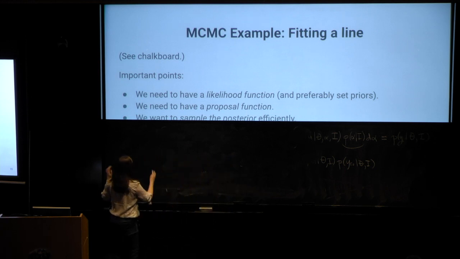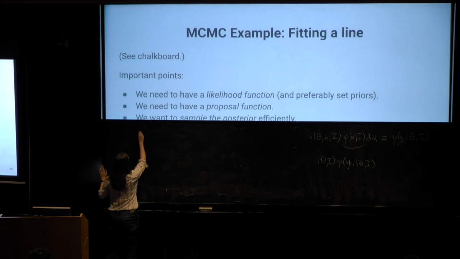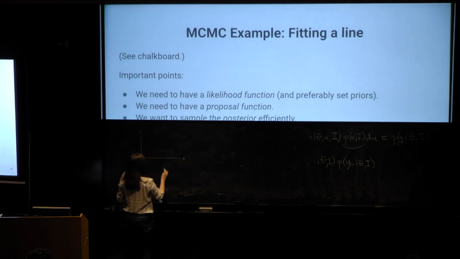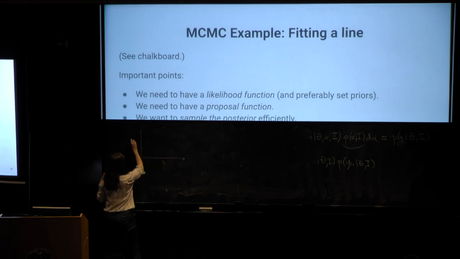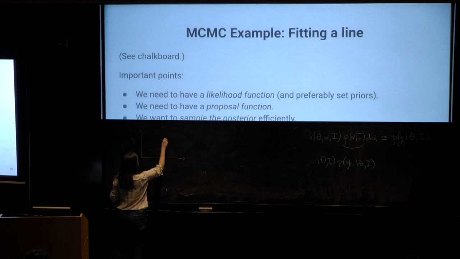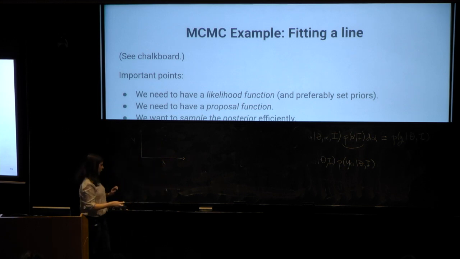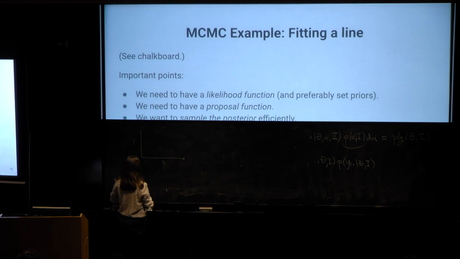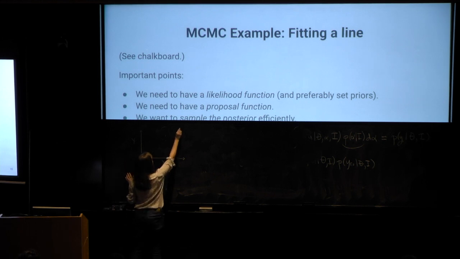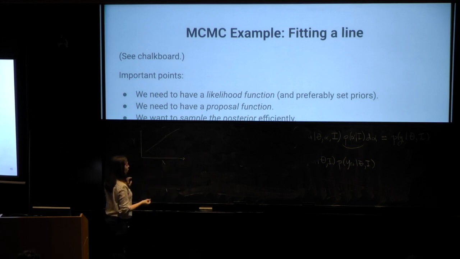So let's say that I have some data in X and Y, and they look something like this. And I would like to fit a line to them. So we expect that we'll get something like that.